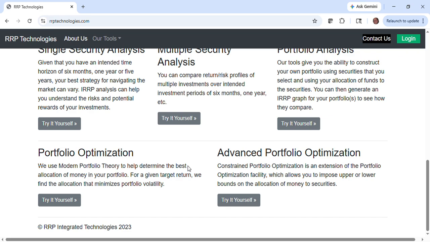And when you run the tool, the optimizer gives you an optimal allocation of assets to those ticker symbols. This is based on the Markowitz Modern Portfolio Theory. And to run it, you can just click here on Try It Yourself.